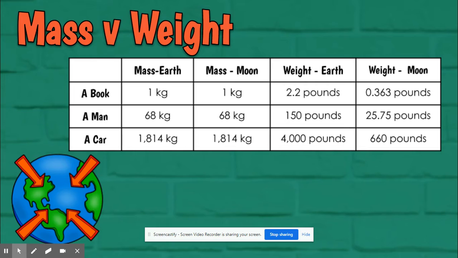Since the gravity changes, the weight will change, but the mass will stay the same. You can see that in this chart.